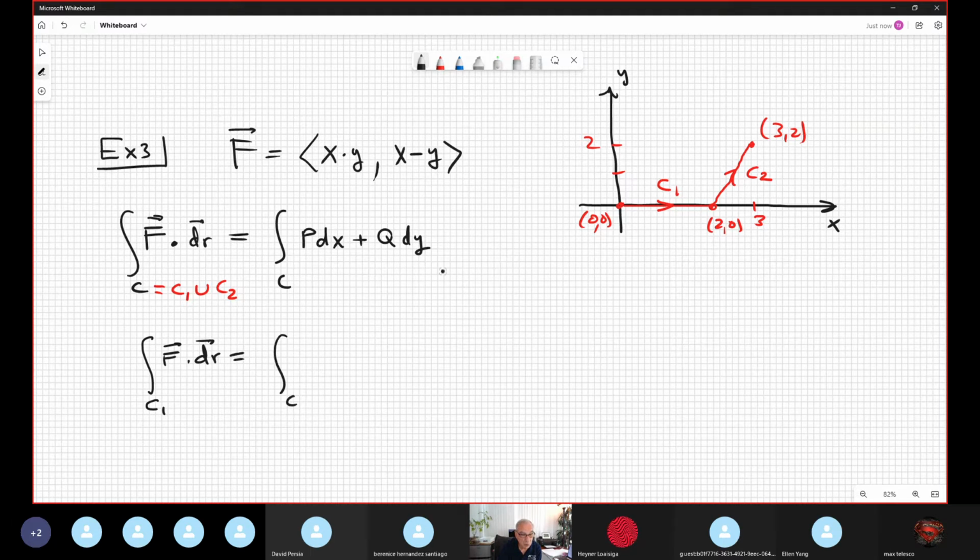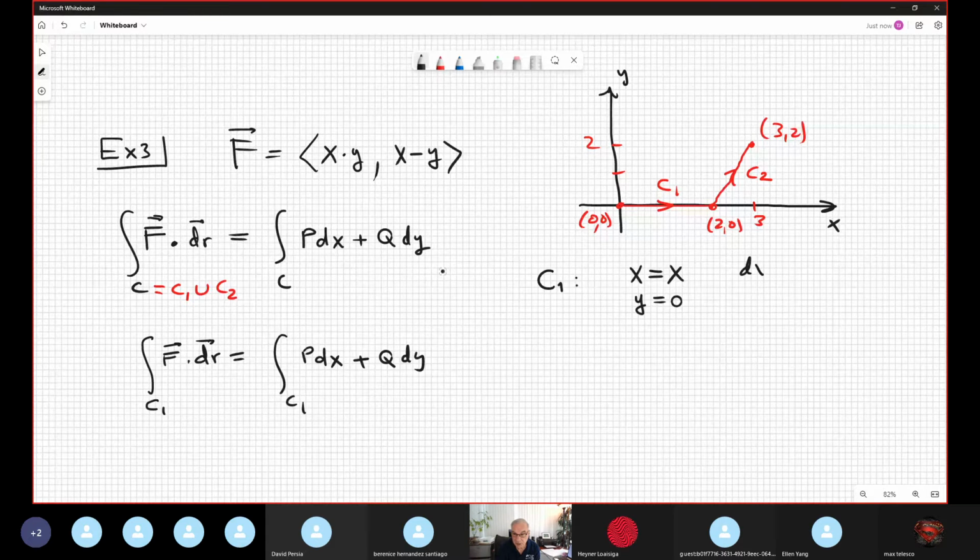It's the integral over C1 of P dx plus Q dy. And on the curve C1 the situation is simple. x is x, no problem. It's the independent variable, free. But y is 0, because we travel along the x-axis.